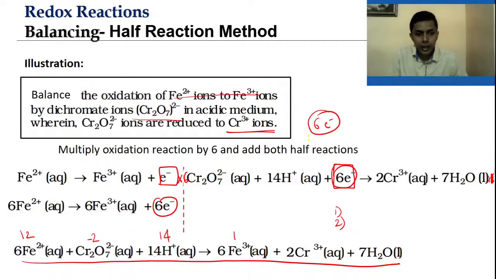And here it is 18, 6 into 3, 18, 2 into 3, 6, and 7 into 0, it's neutral. So 12 minus 2 is 10 plus 14, 24 is the charge on the left side, and 18 plus 6, that is 24, is the charge on the right side. So it is balanced.